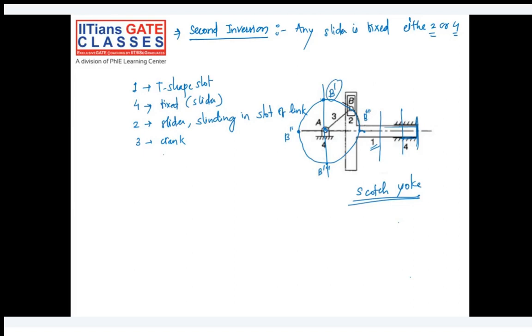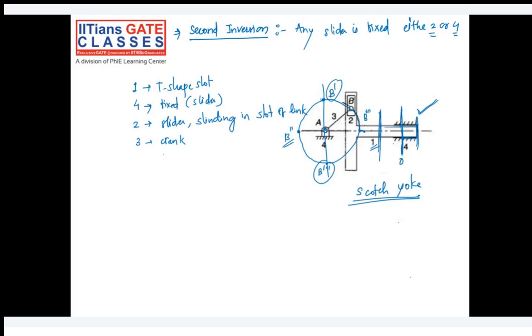So if you are at B triple dash and rotating it counterclockwise, you are rotating this crank by 90 degree. Corresponding to 90 degree, you are getting the value of the function as 1, then again 0 at B dash, and then if you rotate this crank to B double dash, you will get the value of the function -1. So which function will behave like this?